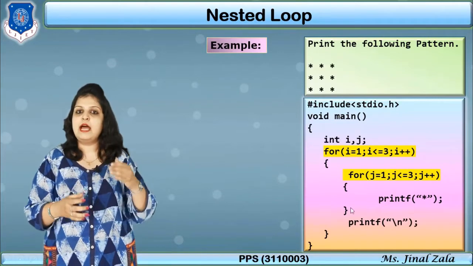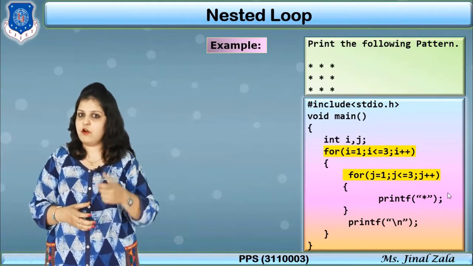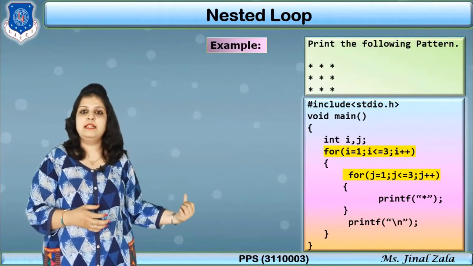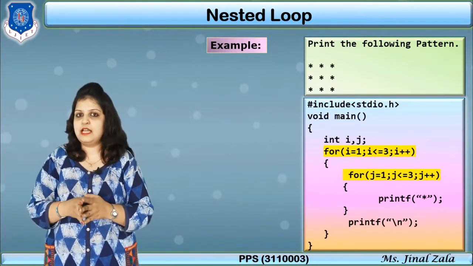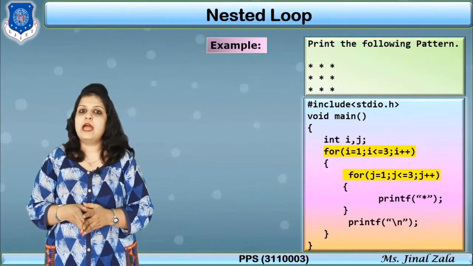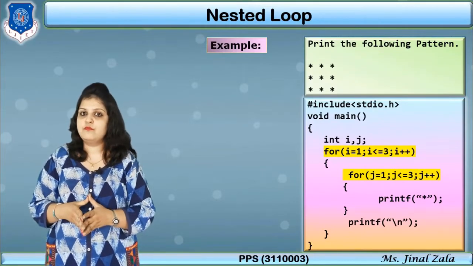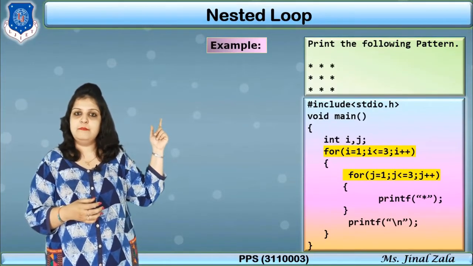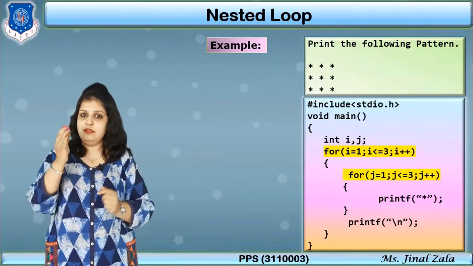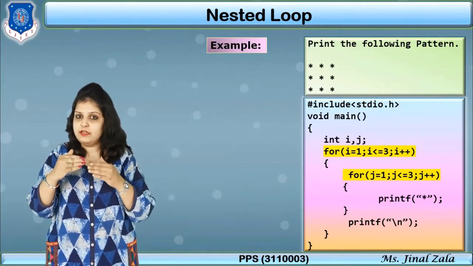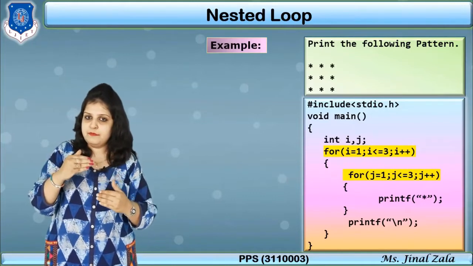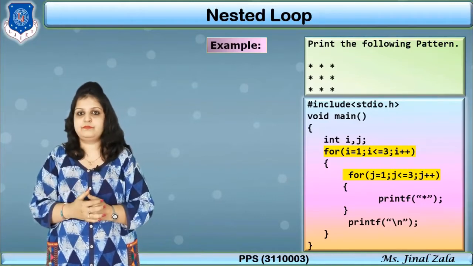Then after the curly bracket closing our inner loop, write printf with backslash n. What does backslash n mean? It means new line. New line is used because, as you can see in the pattern, after 3 stars the remaining 3 stars will be printed on a new line, and then the remaining 3 stars on a new line.